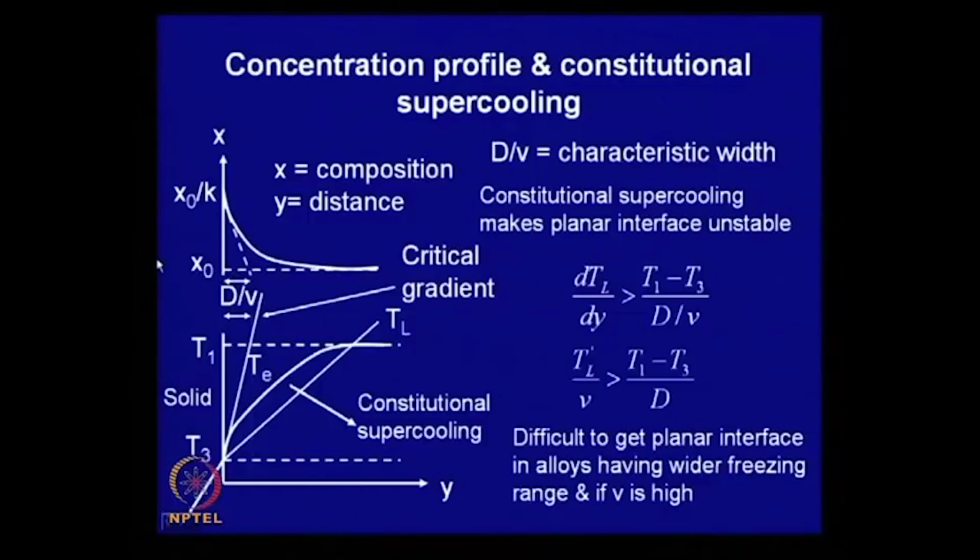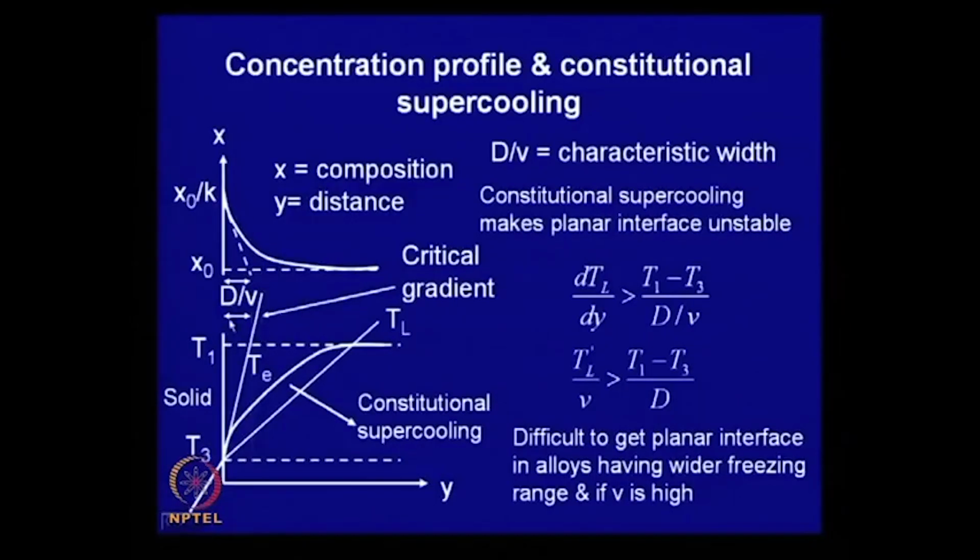This side is solid, this portion is the liquid, and here is a build up of concentration in liquid, much higher than the concentration of liquid far away. So, there will be a diffusional mass transfer along this, and we are considering steady state diffusion only.